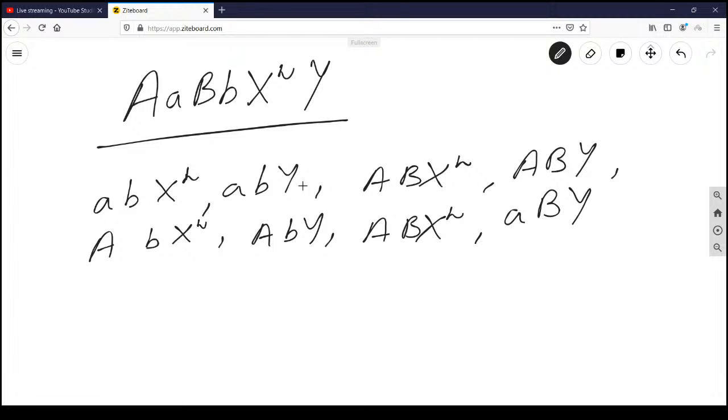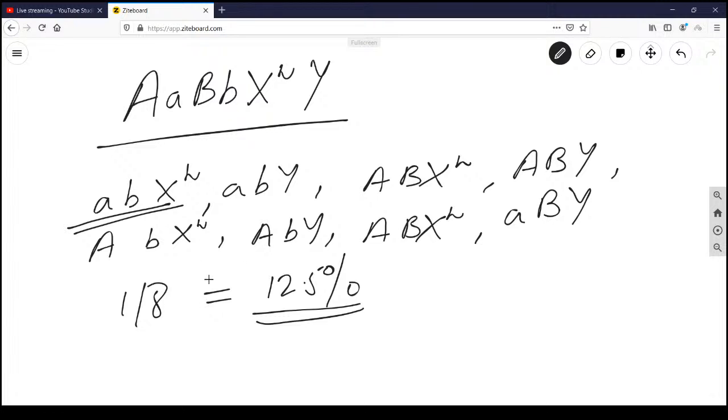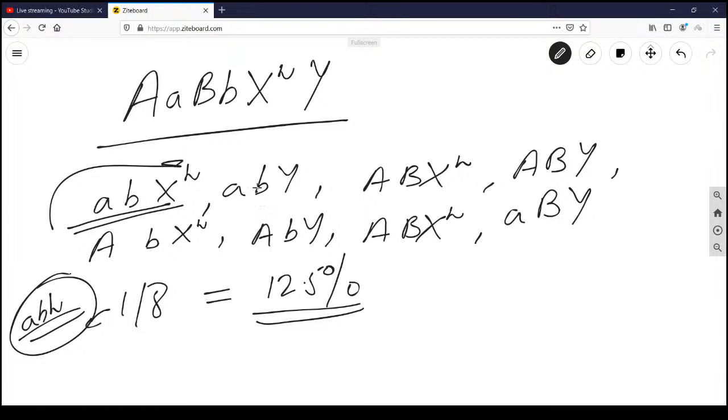So this one is only 1 out of 8. That is 1 upon 8, that is 12.5%. 1, 2, 3, 4, 5, 6, 7, 8. We should look for this a b H phenotype from this XH from the genotype. So it becomes 12.5%. Okay, 1 by 8, that is correct.